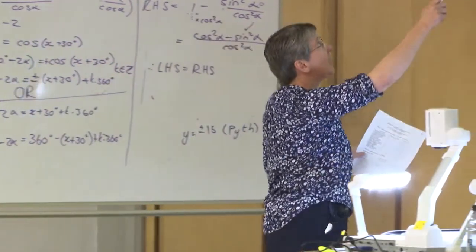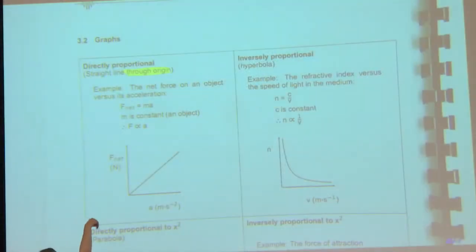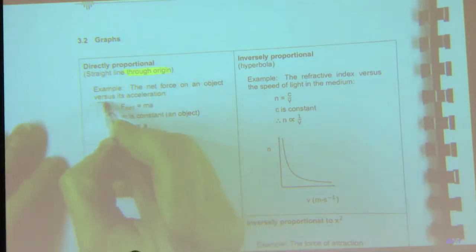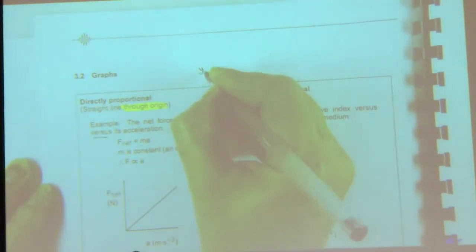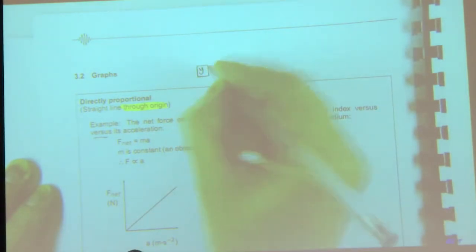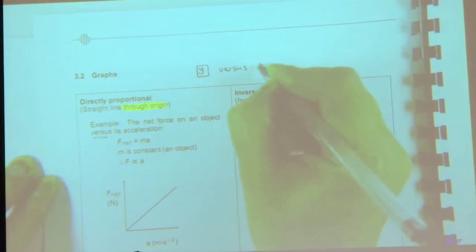For instance, I can ask you to draw a graph of the net force on an object versus acceleration. Now, the first thing is, when we say versus, what do we mean? We always mean you start off with the y-axis, and then versus the x-axis.